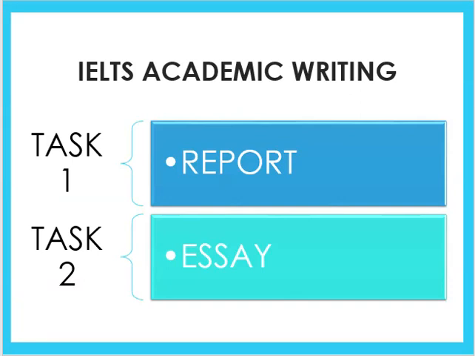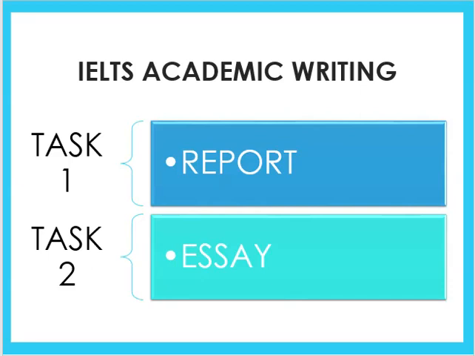The IELTS academic writing test is divided into 2 tasks. The first one is a report. This is called task 1, wherein you write a brief and concise summary of a pictorial representation, which may be graphical or it may be a process or something like that, and you are going to write a report to the university lecturer.